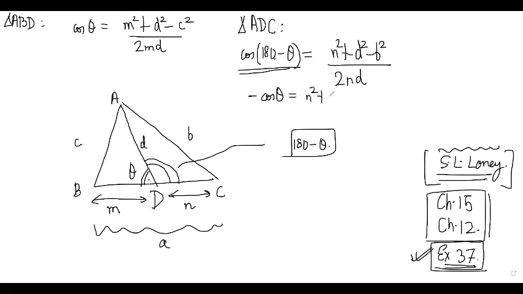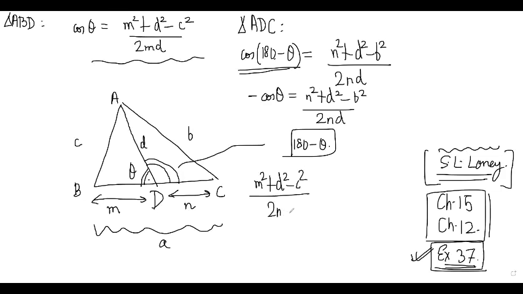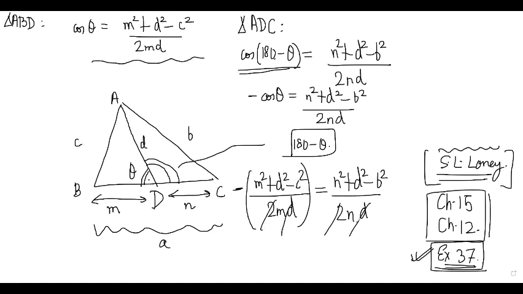So minus cos theta I will use from here: m square plus d square minus c square by 2md, minus of this, is equal to n square plus d square minus b square by 2nd. 2d will cancel. You will take common stuff on the other side. Because cos 180 minus theta is minus cos theta, that is why it's working out.